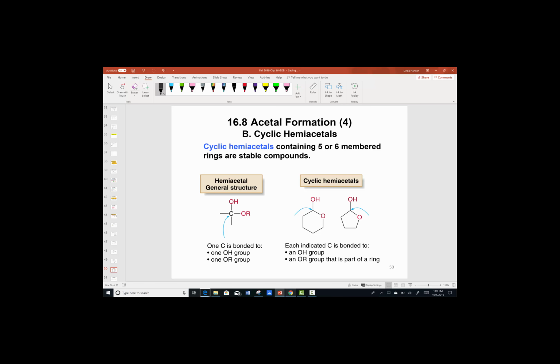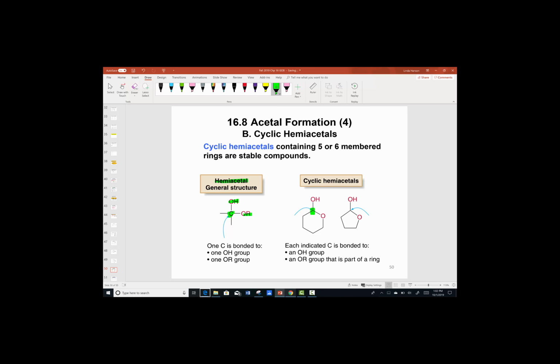Cyclic hemiacetals are most stable when they have 5 or 6 membered rings. Therefore, there's no ring strain, and we just are asking you to recognize the general formula if you find it in a cyclic structure as well as in a straight chain structure. So when I see a carbon and I see it attached to an OH and an OR, that was our hemiacetal. But remember, it may also be in a cyclic structure.